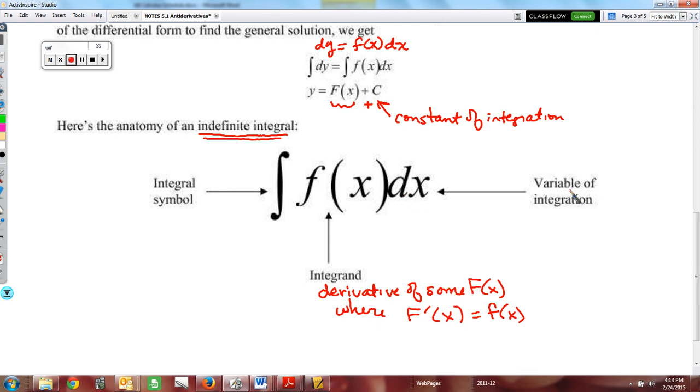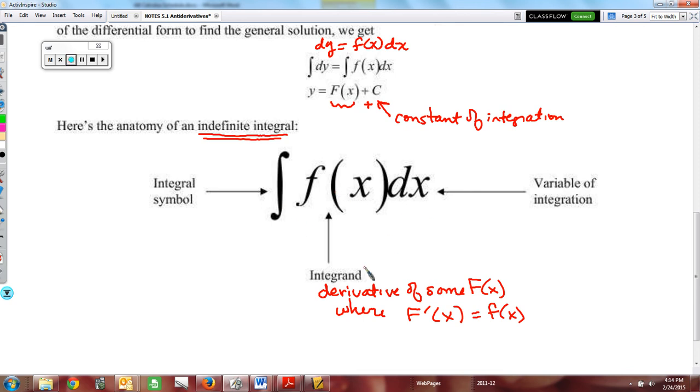And the dx is your variable of integration. That's nice to know because you really need to know whether you're integrating with respect to x, or you might be integrating with respect to r. Think about your related rate problems where you were taking derivatives with respect to time. So I need to know whether I'm working backwards with respect to time. So I definitely need to know what my variable of integration is.